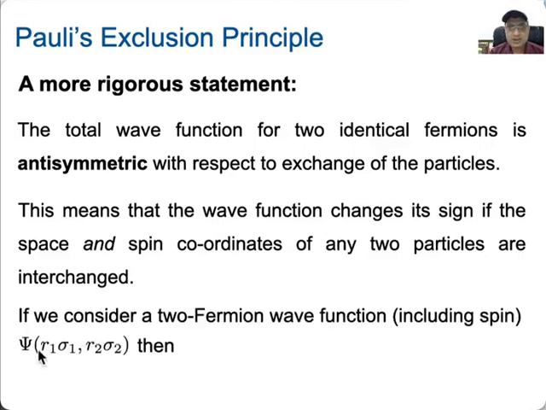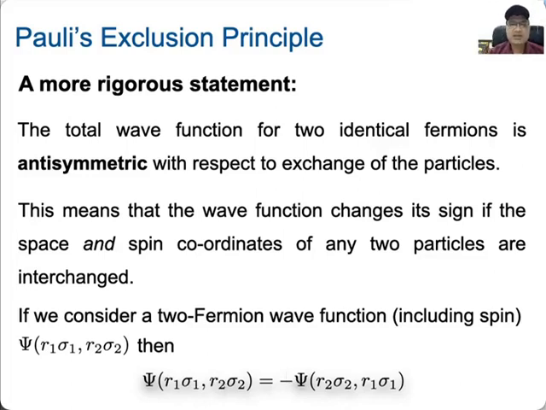This is the total wave function for two fermions, where r is the spatial coordinate and sigma is the spin coordinate. If I exchange r1, sigma 1 with r2, sigma 2, it will give me a minus sign because this is antisymmetric in nature. So I have exchanged these coordinates and here I get a minus sign, and this shows that the total wave function for two fermionic particles is antisymmetric. And this is a general statement.